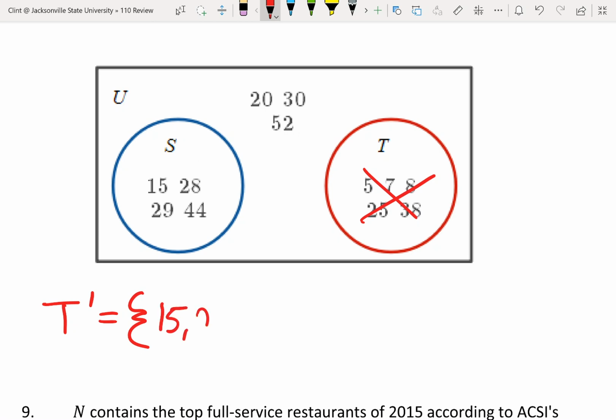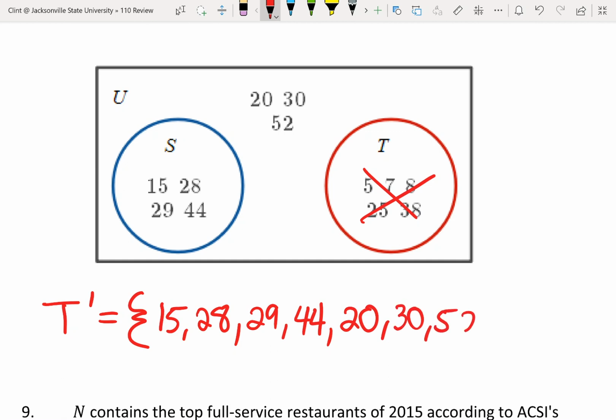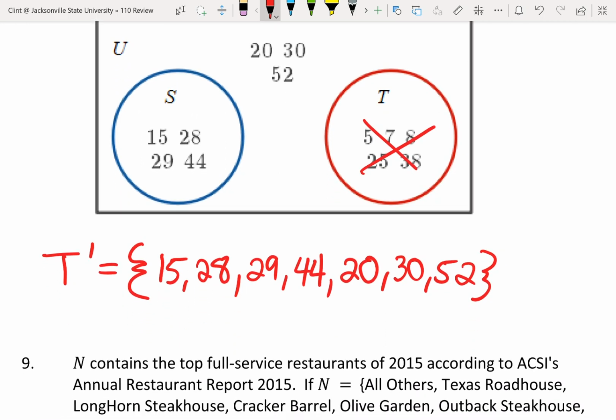I'm going to write the ones in S first, and then the ones outside. You can put them in any order. Yes. T complement.